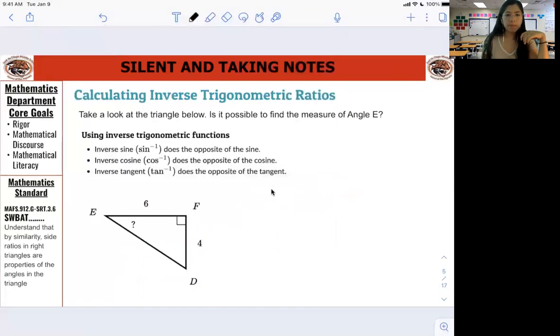Here's another. Same idea. First of all, figure out the ratio you need, and then we'll use our inverse. So in this case, which ratio should I use for theta?